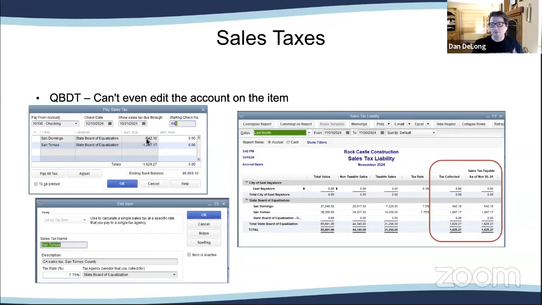So when I go to pay the sales tax here, everything is perfectly aligned. But sometimes you'll see a sales tax payable amount that is different than what the tax was collected. And that's part of that specialness, is that even a word, of that sales tax payable account.